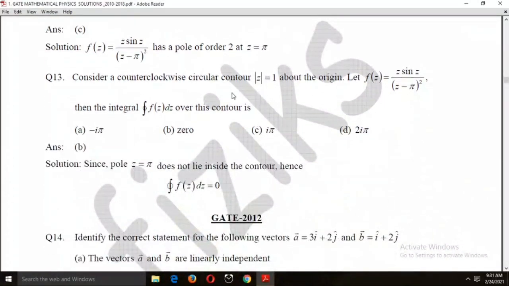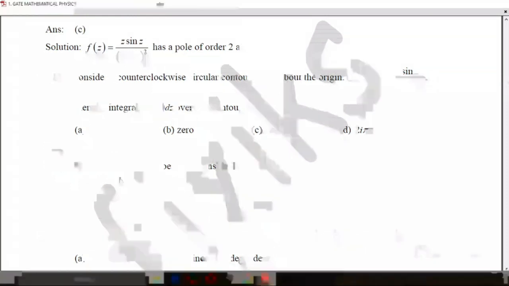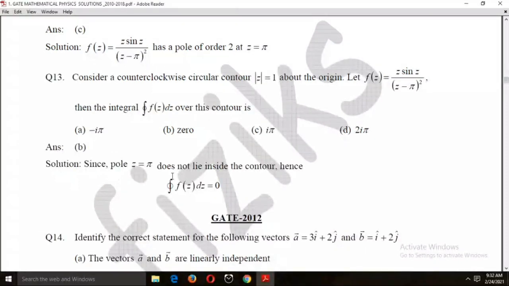Consider a counterclockwise circular contour mod of z equal to 1 about the origin. Let f(z) equal to z sin z upon (z minus pi) whole square, then the integral of f(z) dz over the contour is? This will be 0 because the pole z equal to pi does not lie inside the contour.